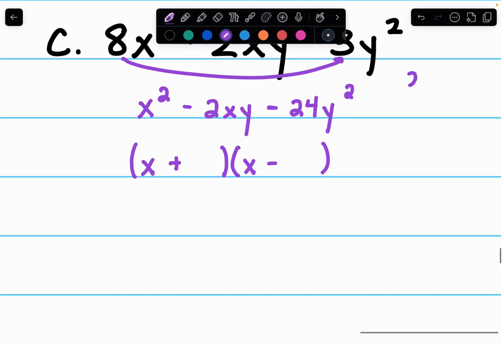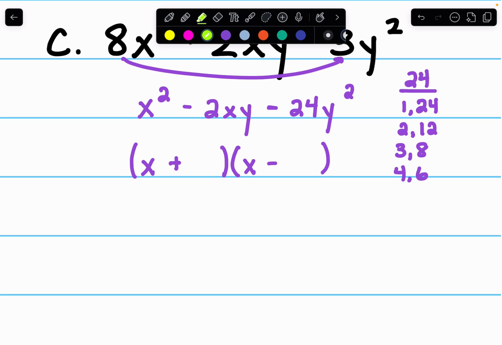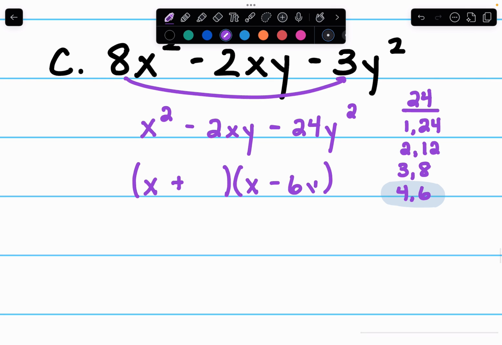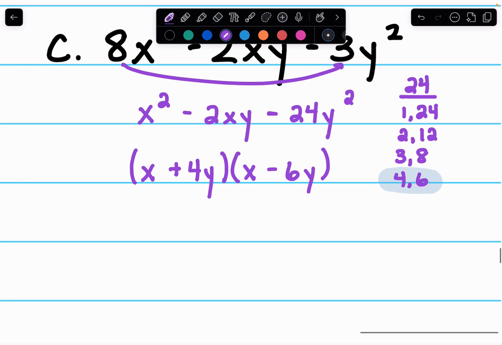The factors of 24, 1 and 24, 2 and 12, 3 and 8, 4 and 6. We need those to add to -2, so we'll pick 4 and 6. And 6 will be negative because we want it to be a negative 2. Right, so if you need to write negative 6 plus 4 will give you a negative 2. That's how you can keep your signs straight.